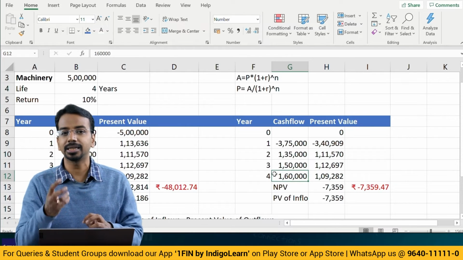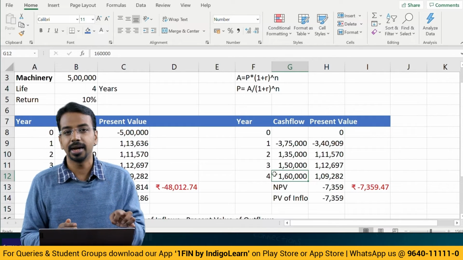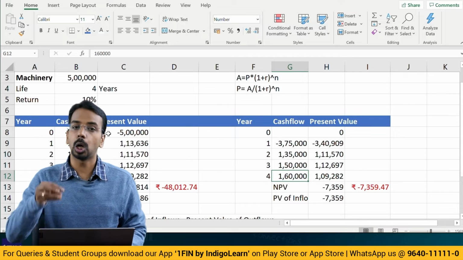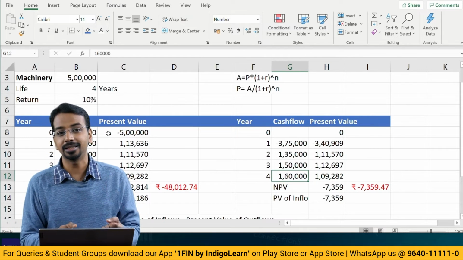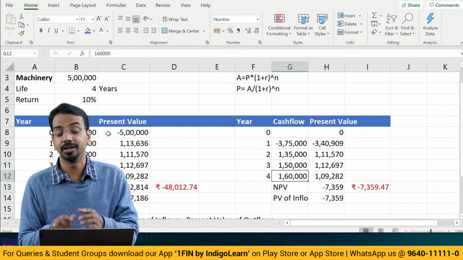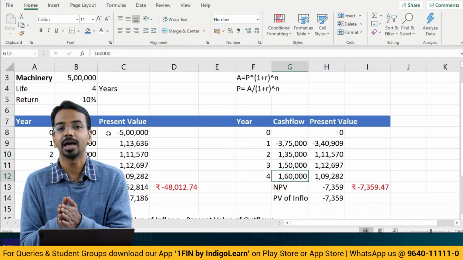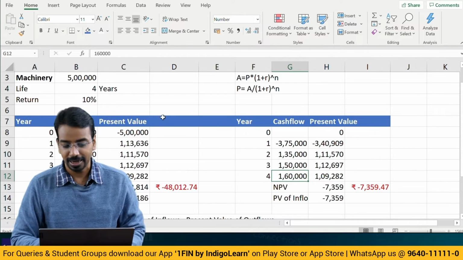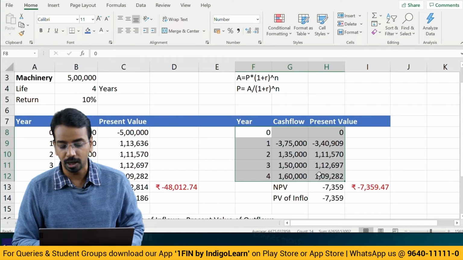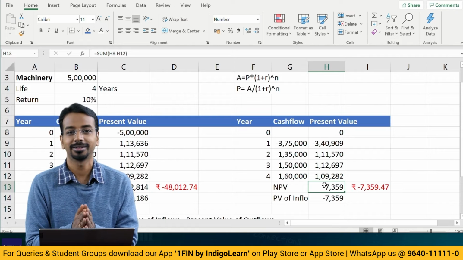Now the assumption that has changed in the second case is, the 5 lakh that you have invested is not at 0, not as on today, but at the end of the first year. Because of that your NPV computation has changed, and now you can see after updating this formula, the NPV has come out to be absolutely correct.